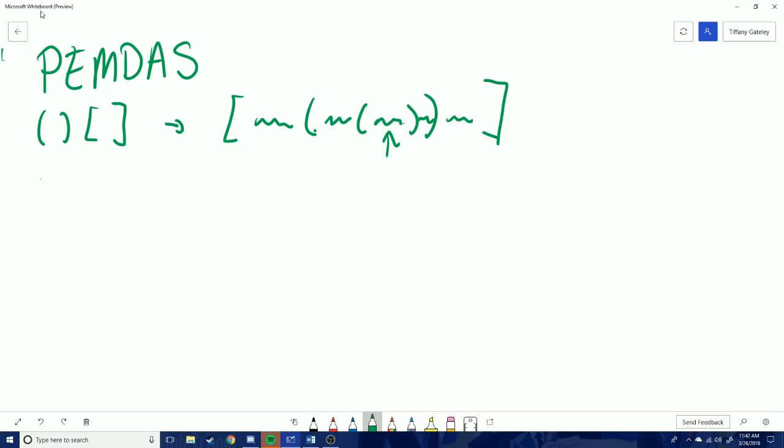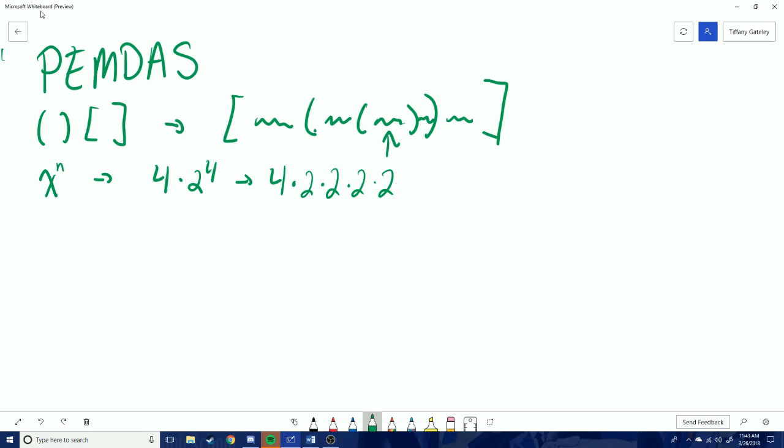And you have exponents. You do those next because they're kind of like their own entity. Because like if you do 4 times 2 to the 4, you don't want to do 4 times 2 first. Because what this is really saying is 4 times 2 times 2 times 2 times 2.